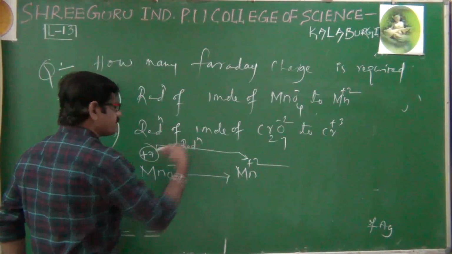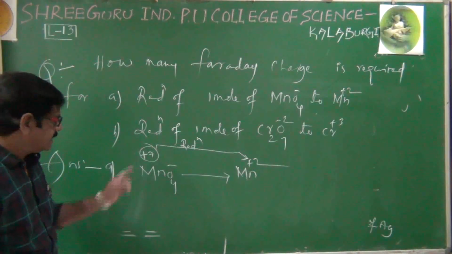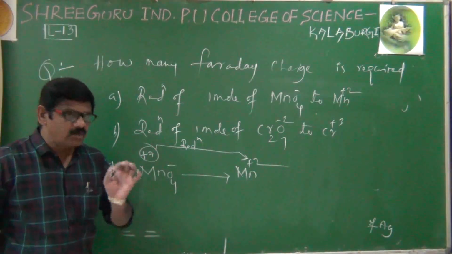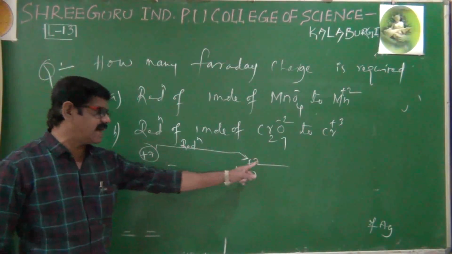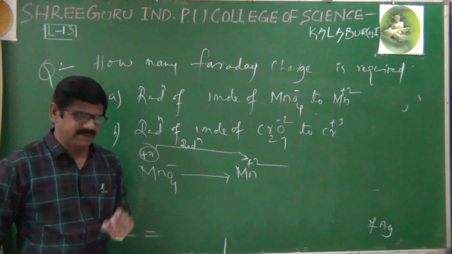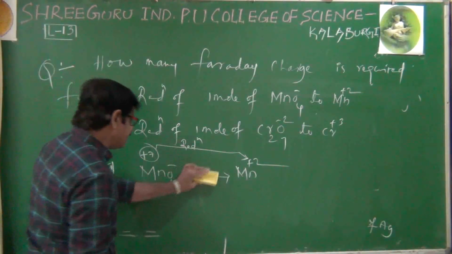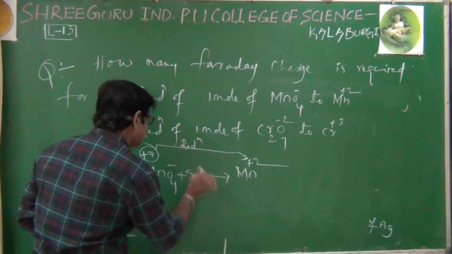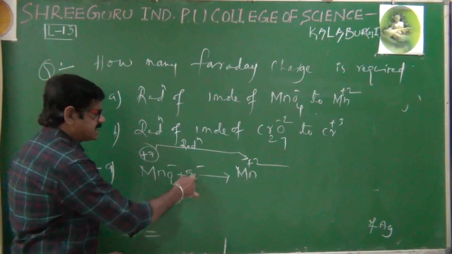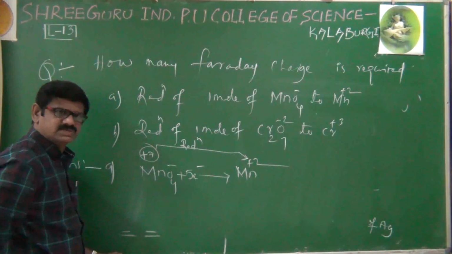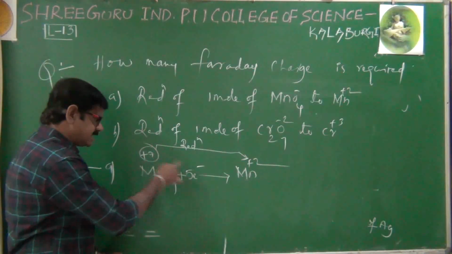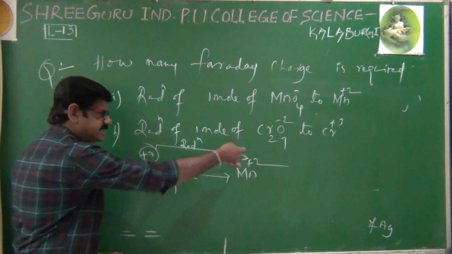The difference between 7 and 2 is 5, so if you add 5 electrons, 5 into minus 1 is minus 5. 7 minus 5 gives plus 2 on the left side, and the right side is also plus 2.